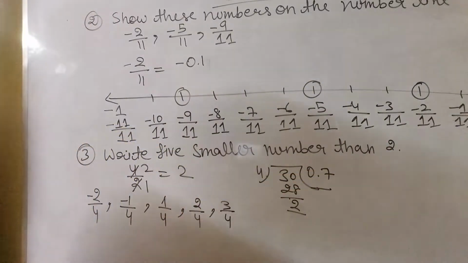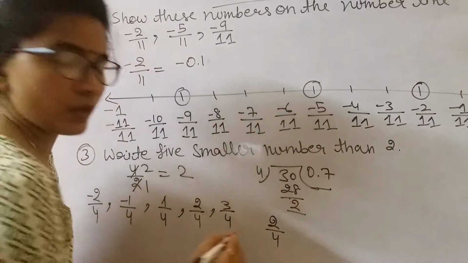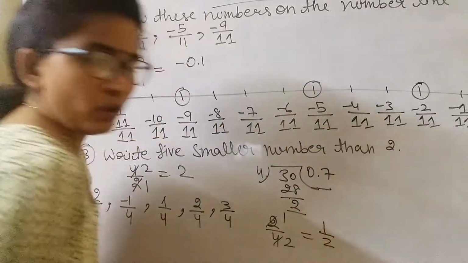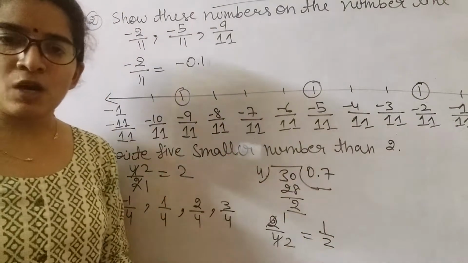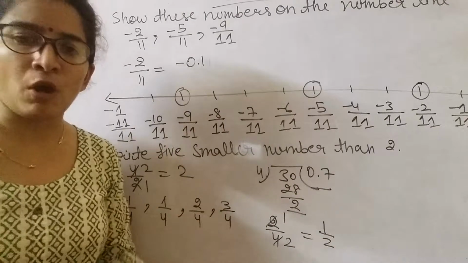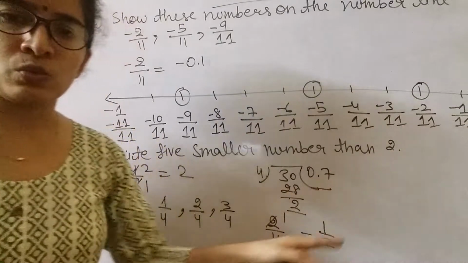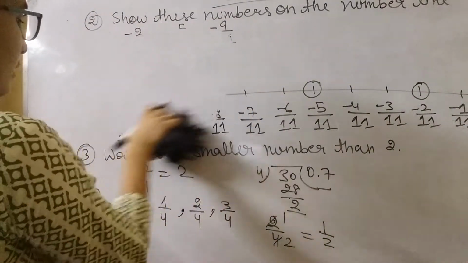For 2 by 4, 2 ones are 2, 2 twos are 4, it is 1 by 2, which is also smaller than 2. So that is how we will write down all the smaller numbers than 2. Now moving to the next question.